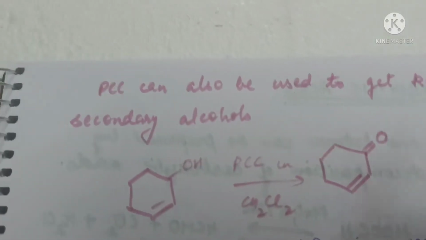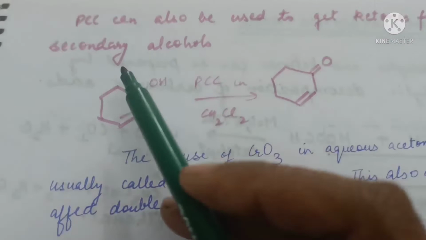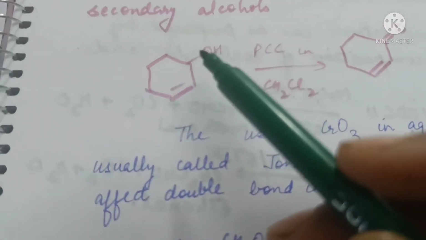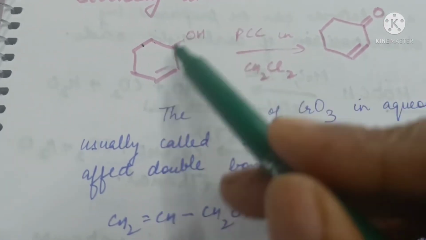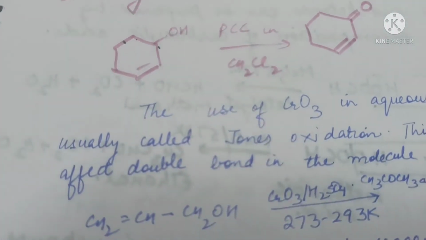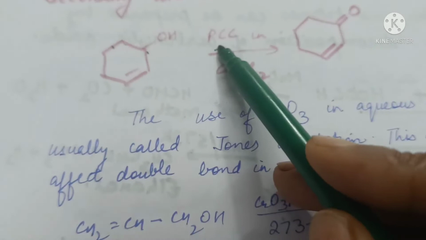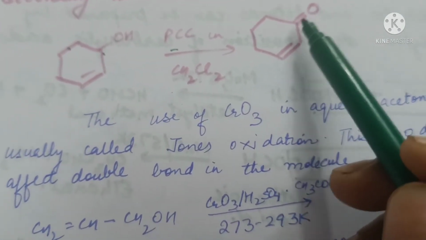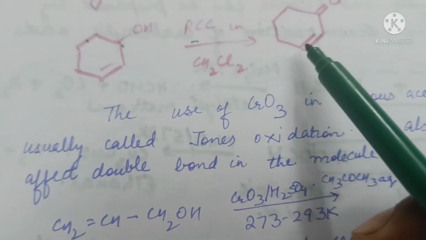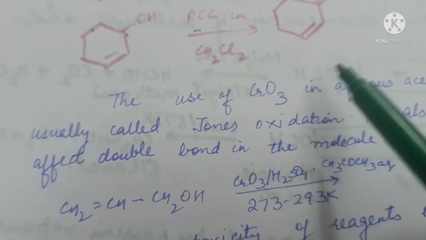So pyridinium chlorochromate can also be used to get ketone from secondary alcohol. For example, OH is attached to carbon, which is attached to 2 carbons, so it's a secondary alcohol. When we carry out its oxidation with pyridinium chlorochromate and methylene chloride, this group gets oxidized to ketonic group. The double bond is left intact.